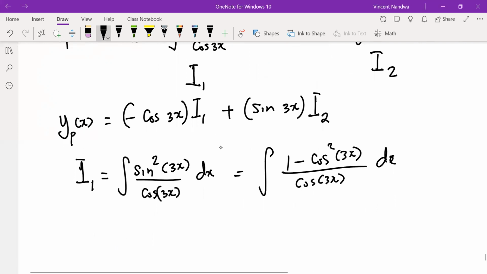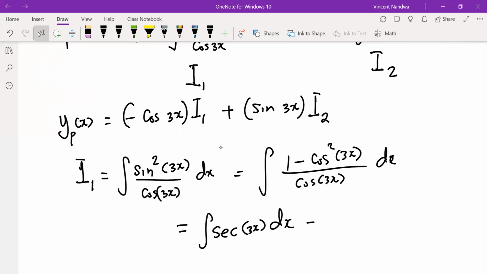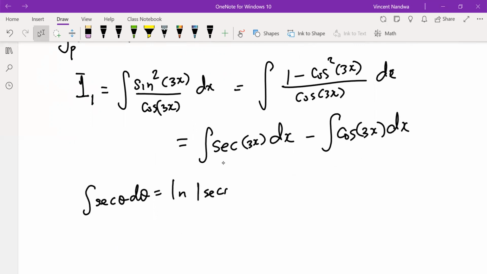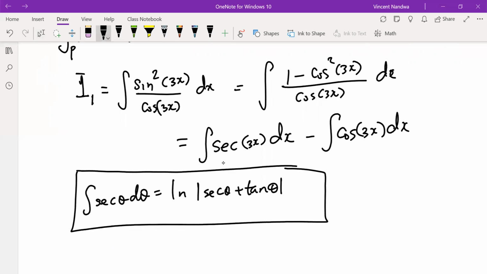Then dividing each term by cos 3x is the same as integral 1 over cos is sec, minus cos squared over cos will remain with cos. So that's what we have. And we know that integral of sec theta d theta is ln of sec theta plus tan theta. This by definition. And then integral of cos theta d theta is sine theta.